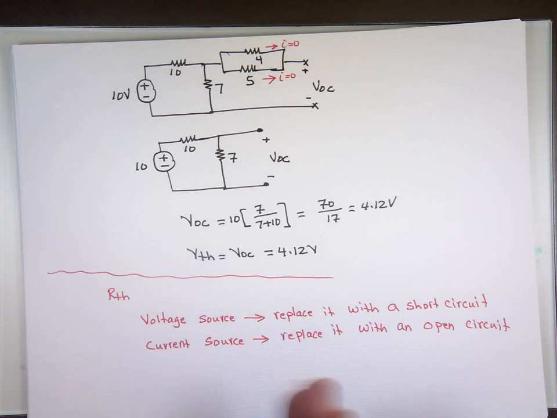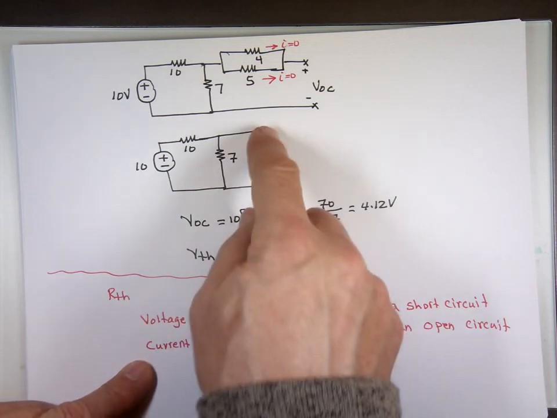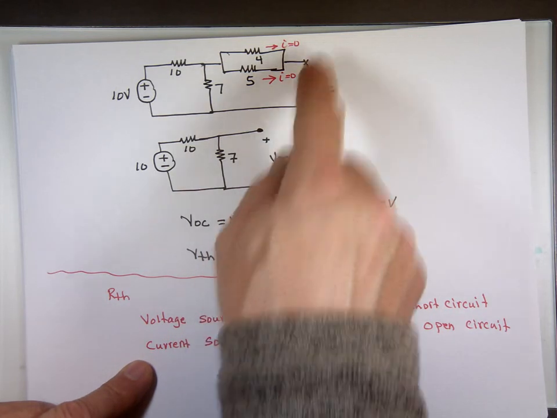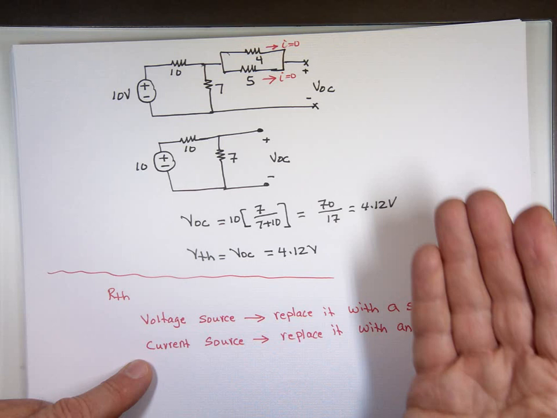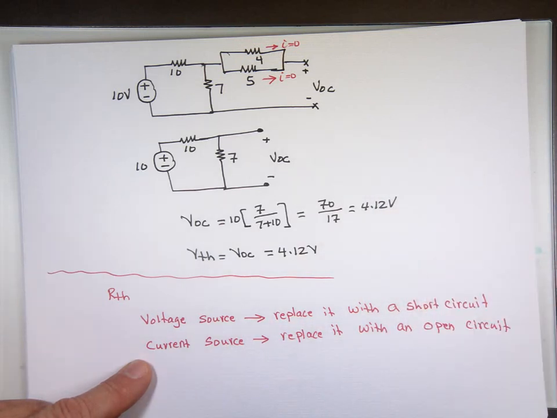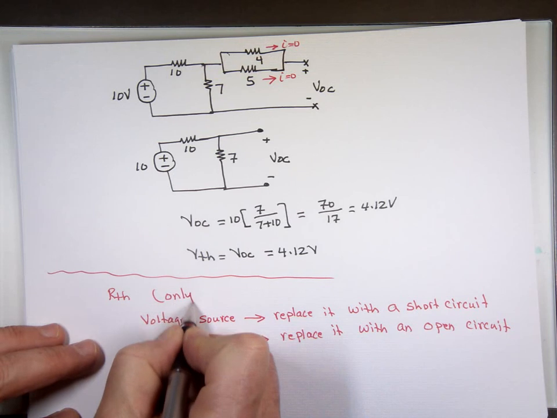The problems you're going to be seeing in this class, I don't know if you're going to see dependent sources there. But if you do encounter that, then to find R Thevenin, what you need to do is find I short circuit, put a wire there, find I short circuit, and R Thevenin will be V open circuit over I short circuit. But if you only have independent sources, so I should say R Thevenin only independent sources.